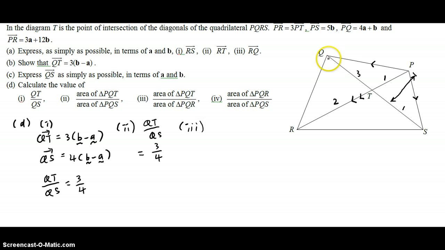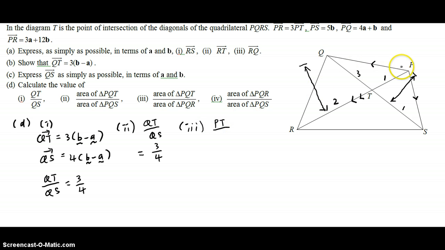Now I come to part 3, to find the ratio of PQT and PQR. Same thing, same height compare base. There is a common height here, so we compare the base. The base of PQT is PT.